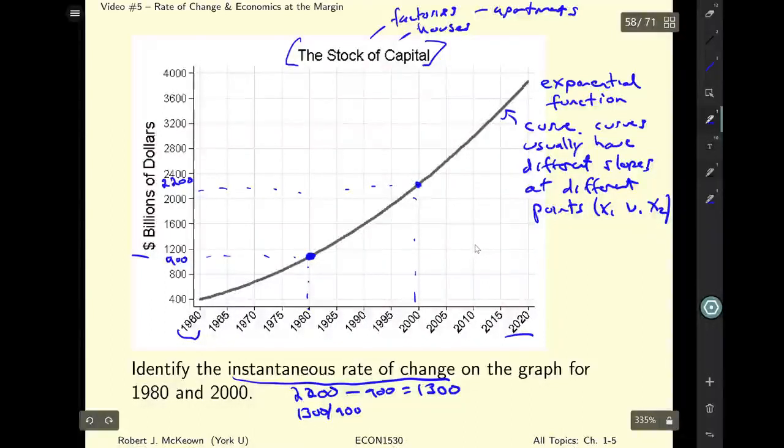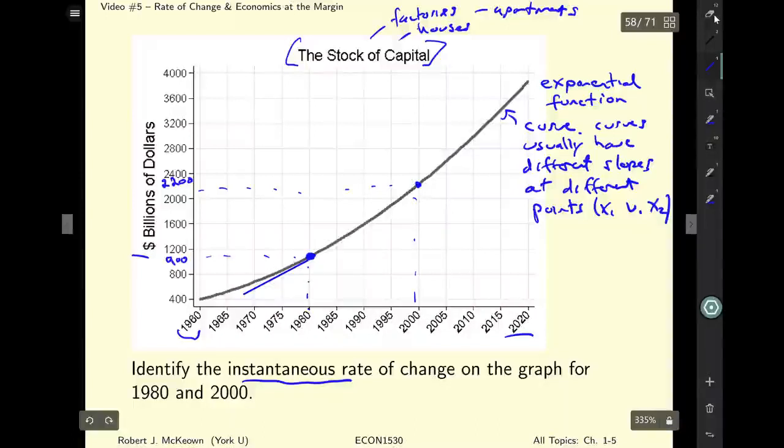So if we want to do this question properly, I'm going to erase that because that's not what the question's asking us. We're going to find the instantaneous rate of change. How I would do that is I'm going to identify the points of tangency.